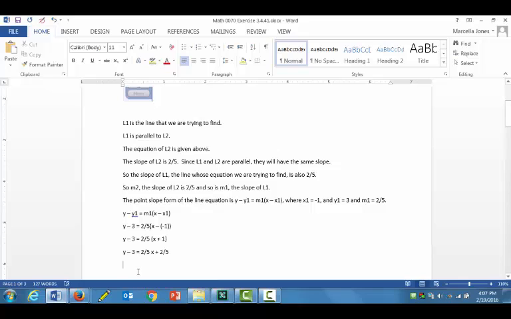Now I simply need to add 3 to both sides of this equation. To get the y by itself on one side, I'm going to add 3 to both sides of the equation.